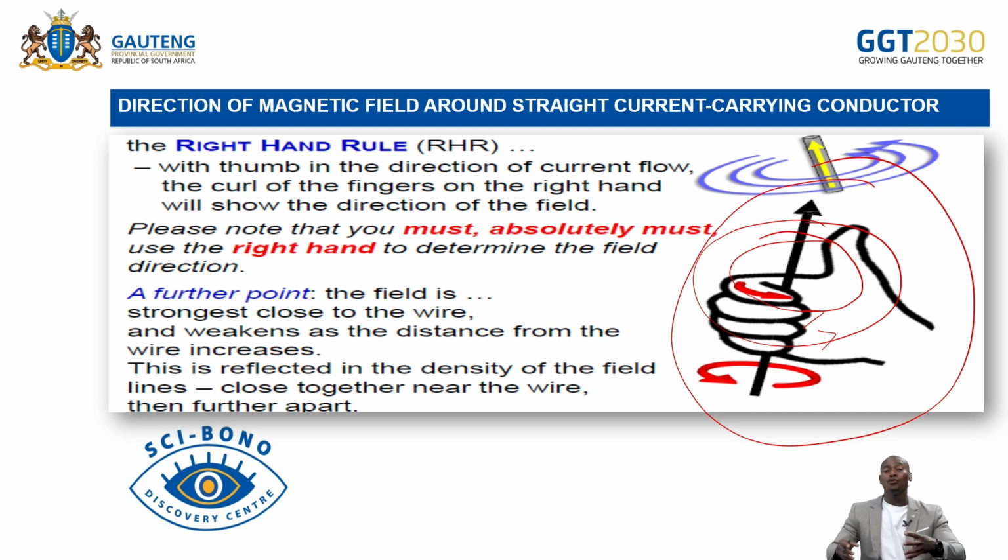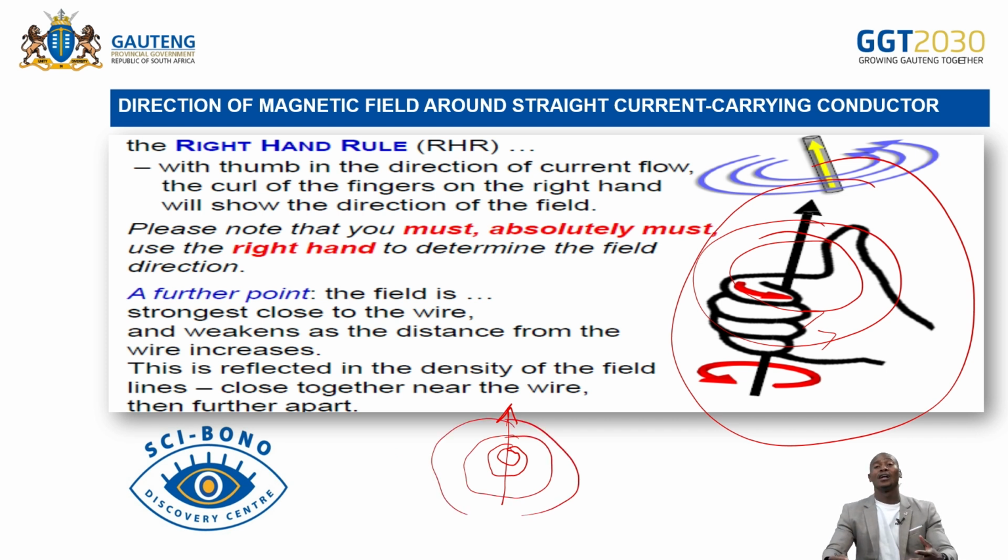Which means that when you draw the magnetic field lines, if this is your conductor, the field lines should be close together next to the wire, and as you move away from the wire, the field lines should be far apart, to show that you understand that the magnetic field is stronger closer to the wire, but it weakens as the distance from the wire increases. That is another thing that is very, very important.